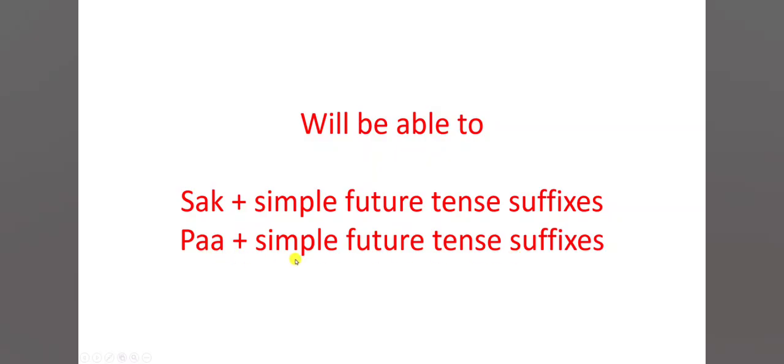Do not worry about these two. I will give you an example and make sure that it is clear before proceeding to example sentences. Now, first let us look at the simple future tense suffixes.